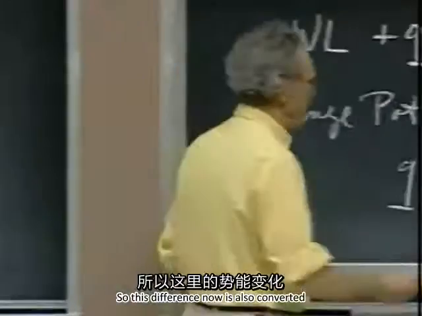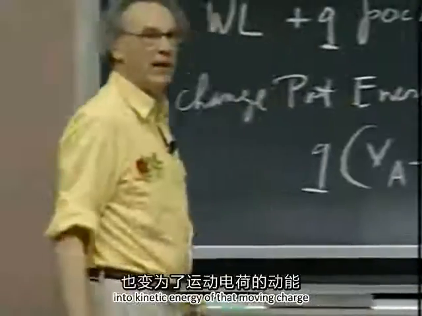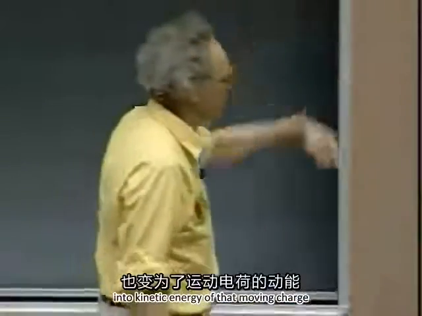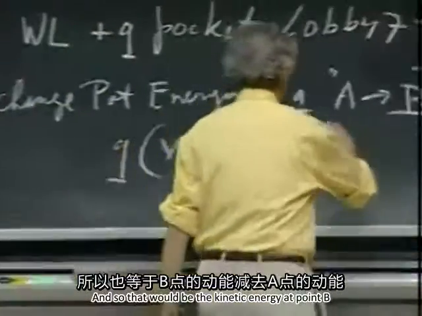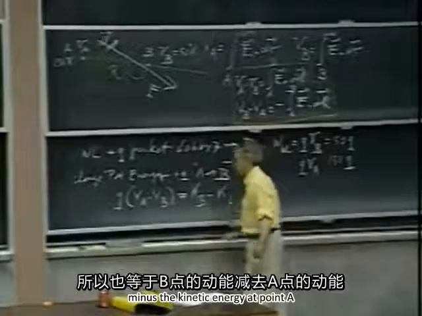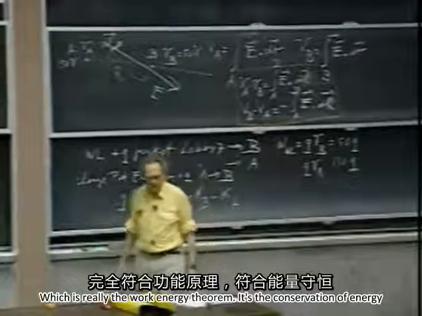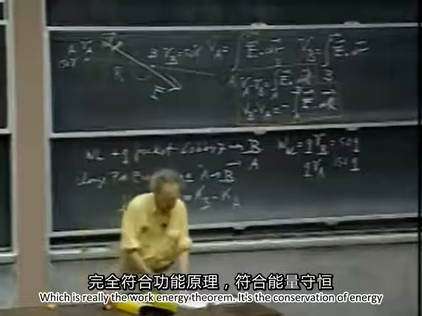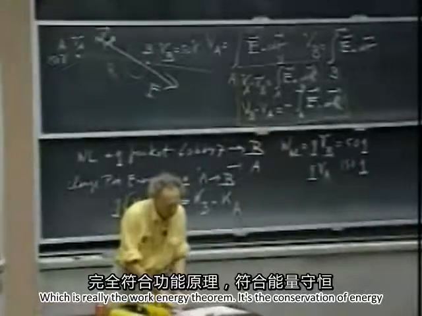So this difference is also converted into kinetic energy of that moving charge, and so that would be the kinetic energy at point B minus the kinetic energy at point A, which is really the work-energy theorem. It's the conservation of energy.